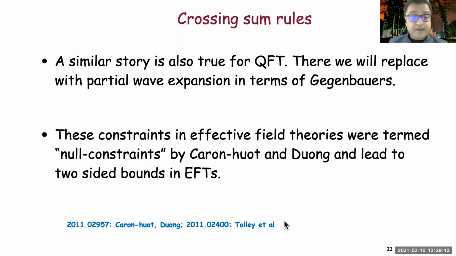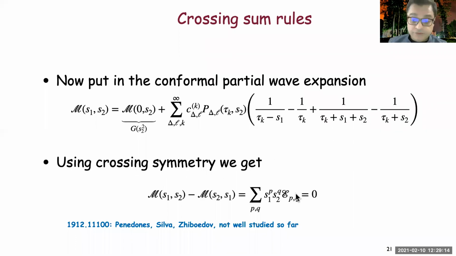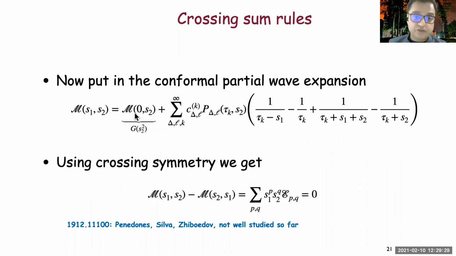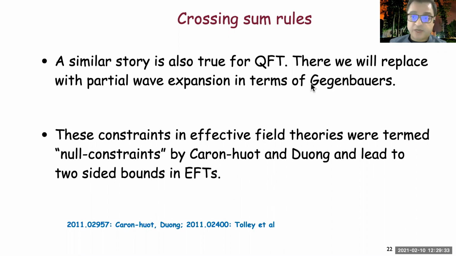And in fact, even in quantum field theory, although I'm talking about the sum rules primarily because I'm keeping in mind that I want to derive Polyakov's bootstrap, there is in fact a similar story also in quantum field theory. In quantum field theory, instead of this conformal partial wave expansion, you would have a partial wave expansion in terms of Gegenbauer polynomials.